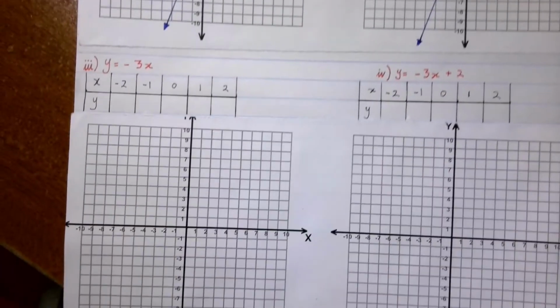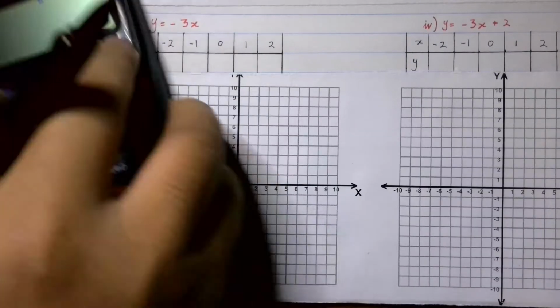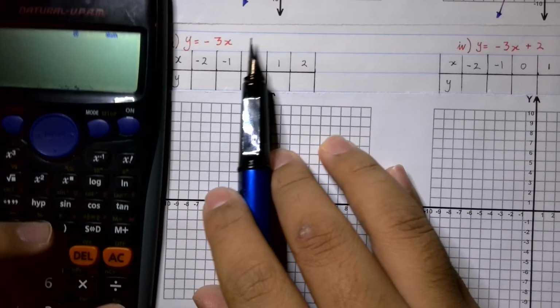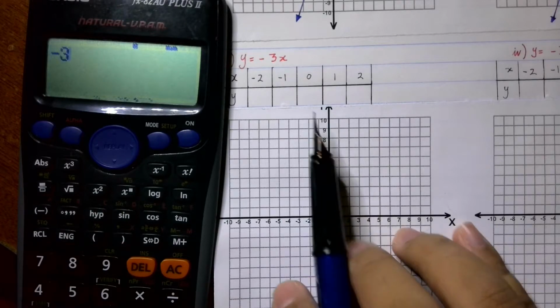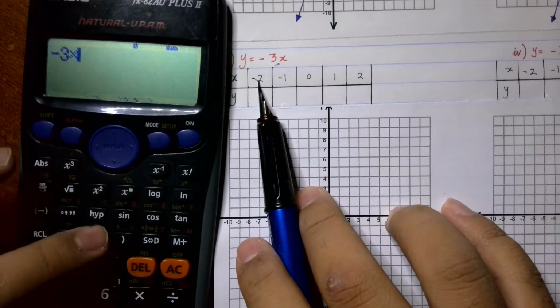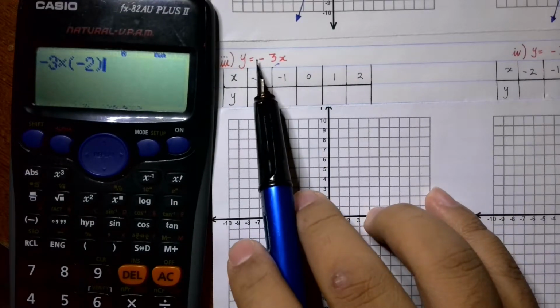Last two. We're really going to start picking up the pace now. Here we are. This is negative 3x, so it's going to be negative 3 times, in brackets, negative 2. Watch very carefully. I want you to take a very close look.